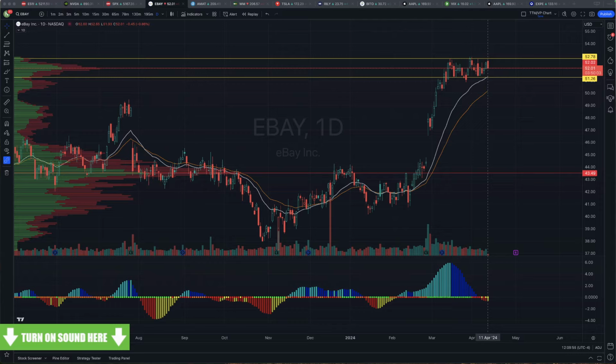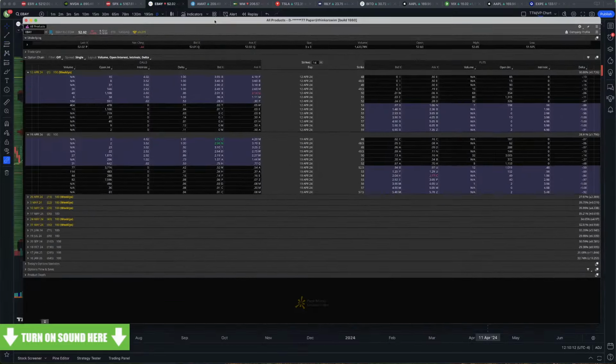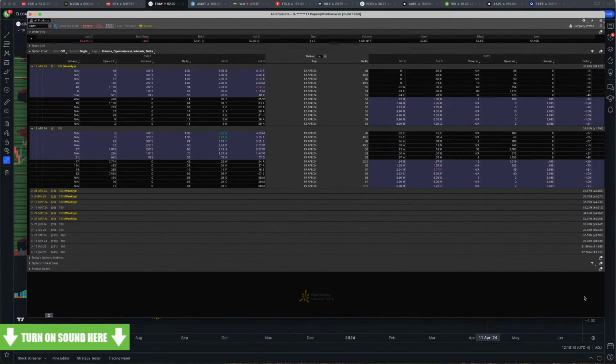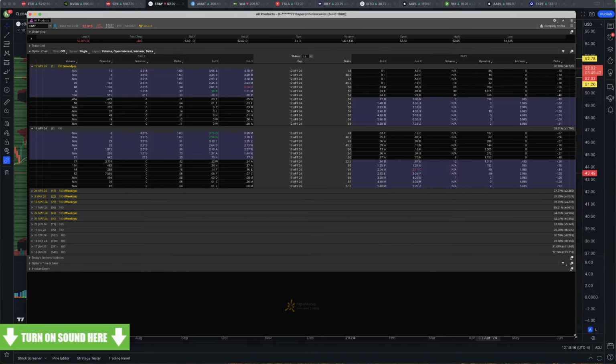Let's detach that. Good. Okay. So let's just look at eBay, since we're doing that. These are what option chains look like.